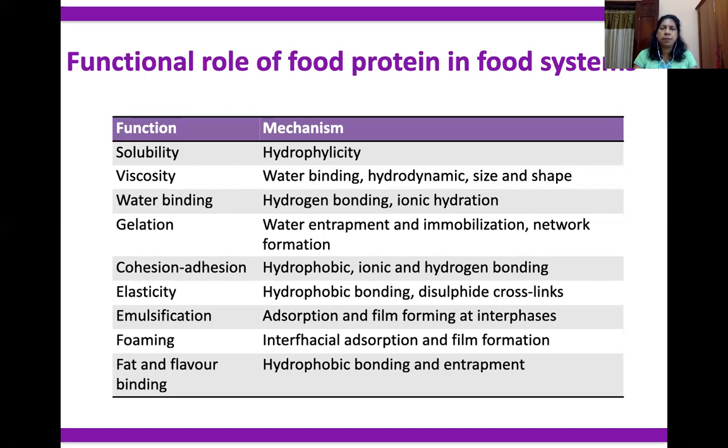Viscosity means the thickness of the product, whether it is flowing very slowly or flowing very smoothly. For example, take raw egg white. Is egg white flowing slowly or fast compared to, let's say, minced meat?